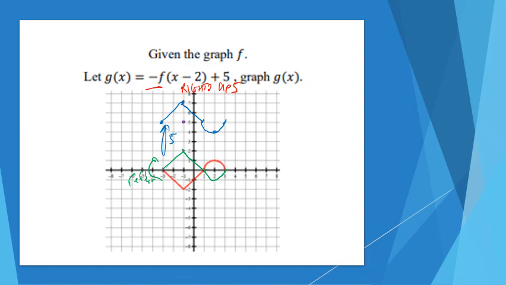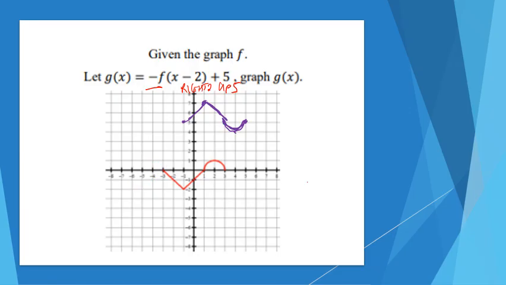So we're going to take each point and move that bad boy over 2 units. And so that should be our answer. And so in terms of our final product, we can almost erase everything else. Erase all that green there. That would be our final graph.